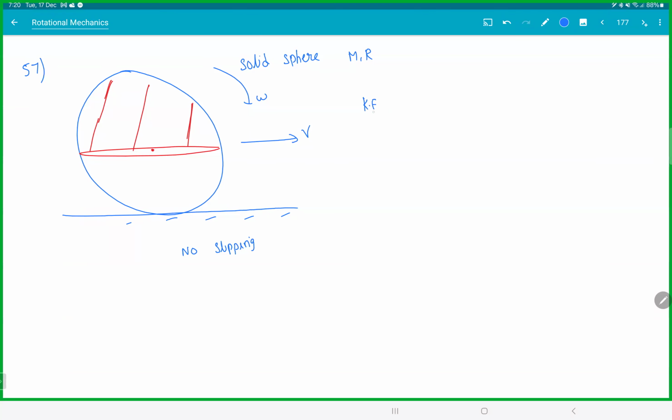Now, if you remember the formula, this thing is actually having a translation plus this thing. Kinetic energy of center of mass plus kinetic energy about center of mass. So for a rolling thing, this is still valid.